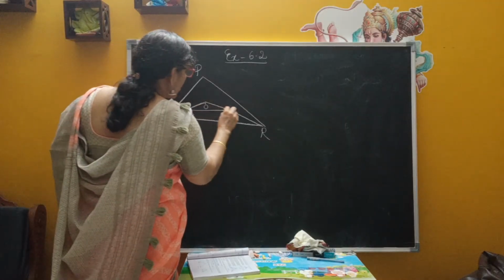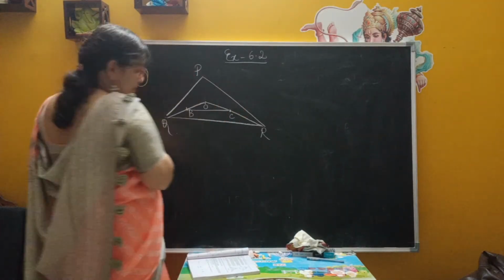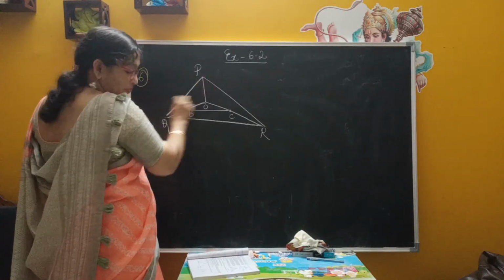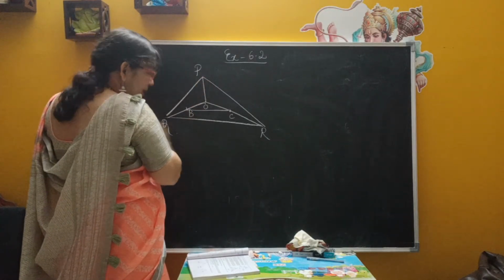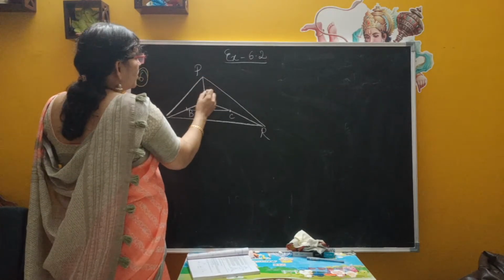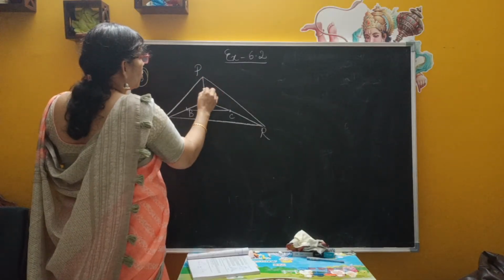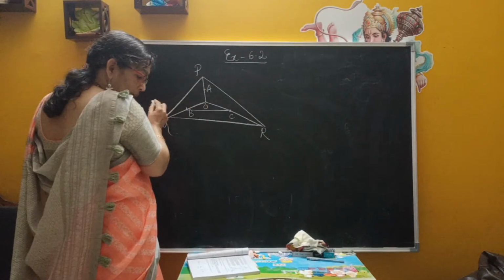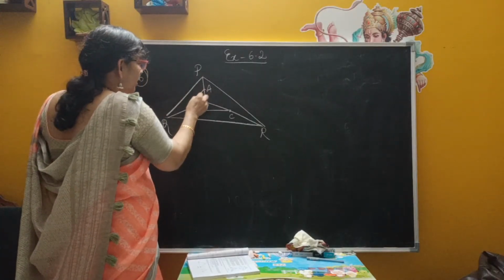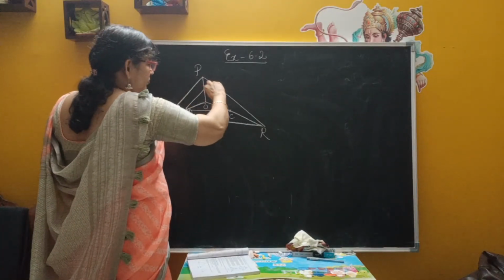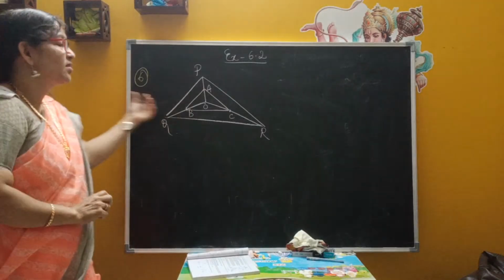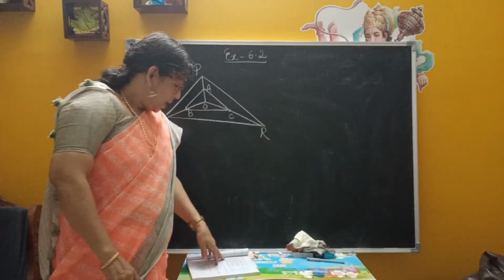Let us join OC, and also join PO, and point A is on the line PO. ABC are joined to get triangle ABC. So this is the figure.